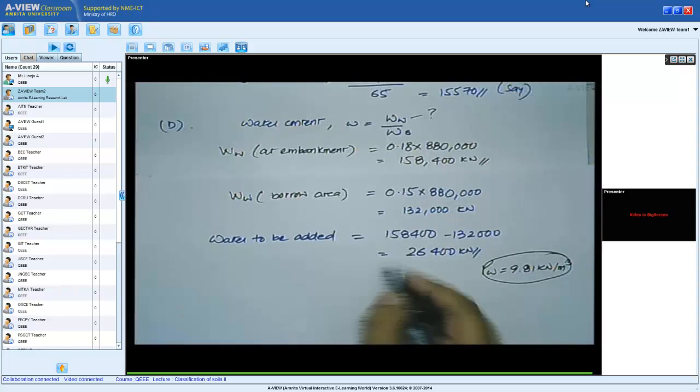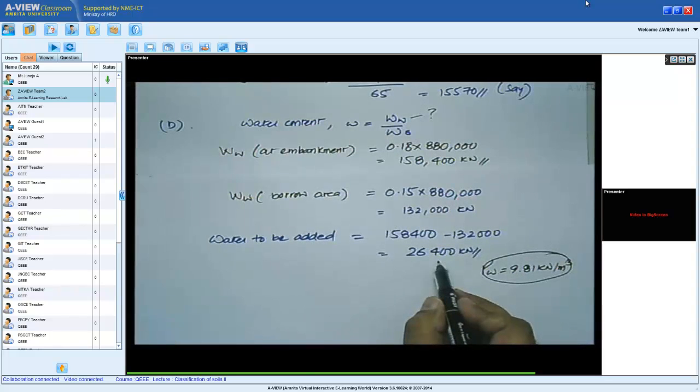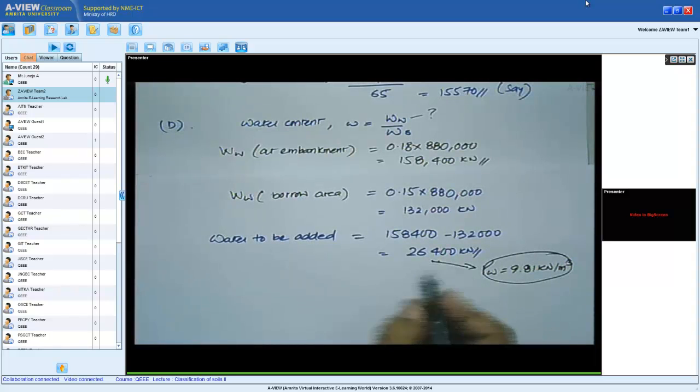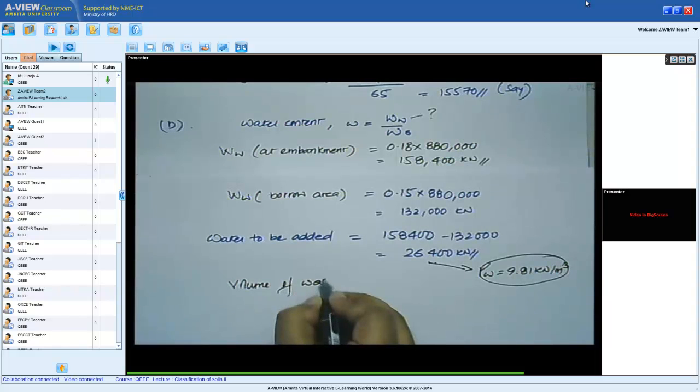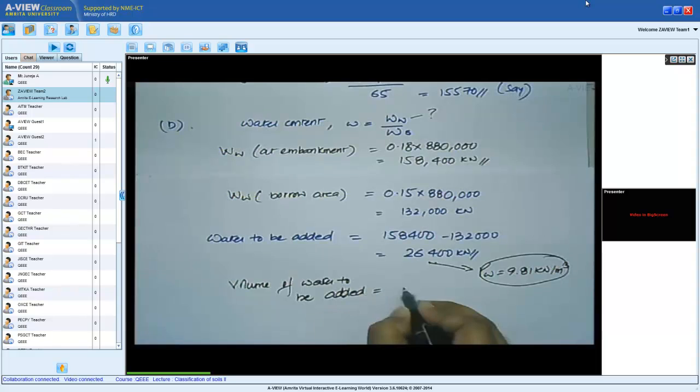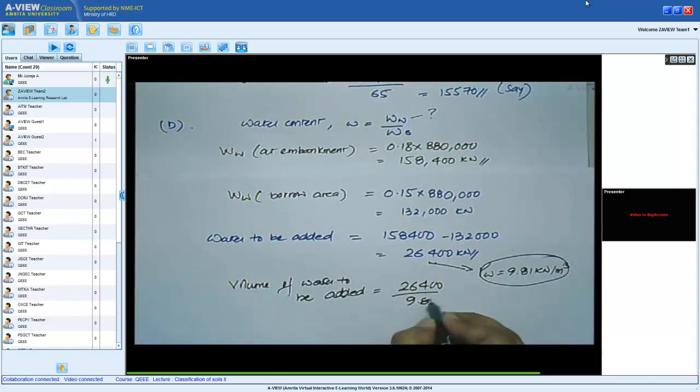If I need the volume, I just divide the weight by the unit weight. So the volume of water to be added equals 26,400 divided by 9.81. You should get 2691.1 meter cube.